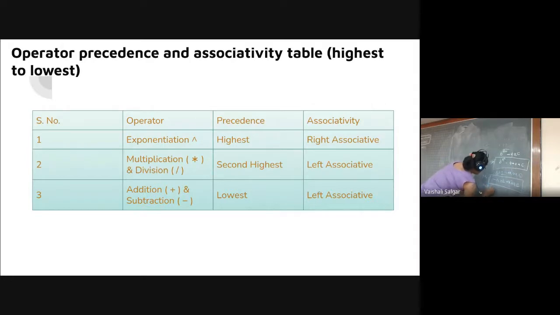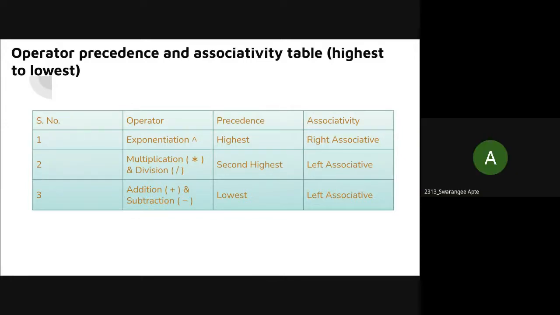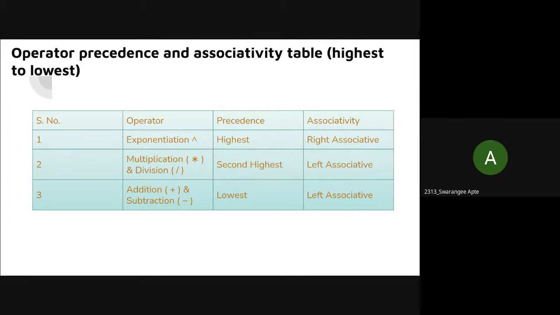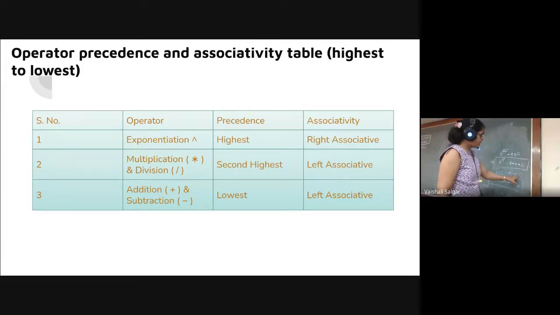And then what will be the postfix format? b 2 caret, then 4ac asterisk asterisk. How come? First you evaluate this: 4 into a, so 4a asterisk.